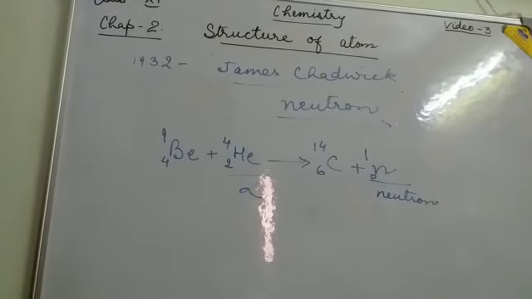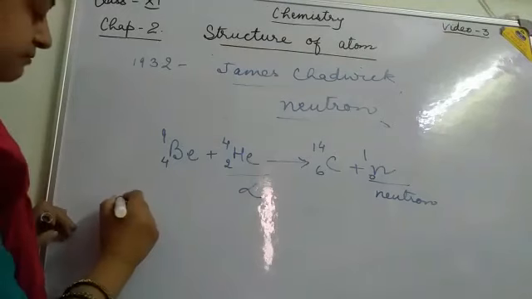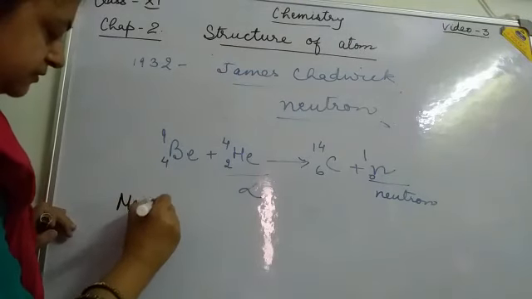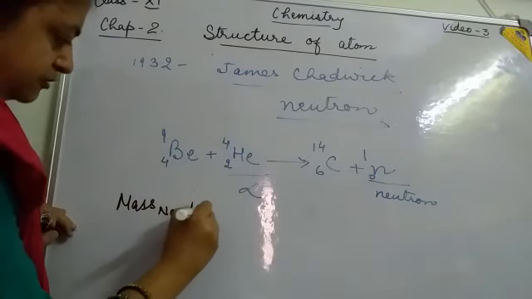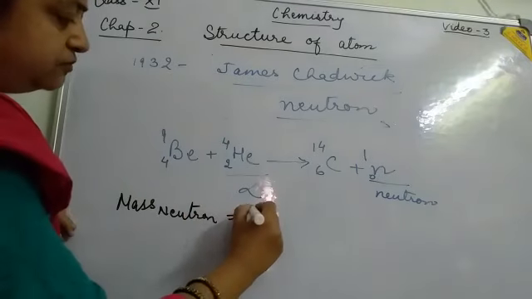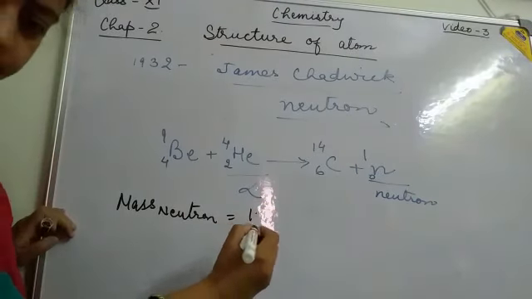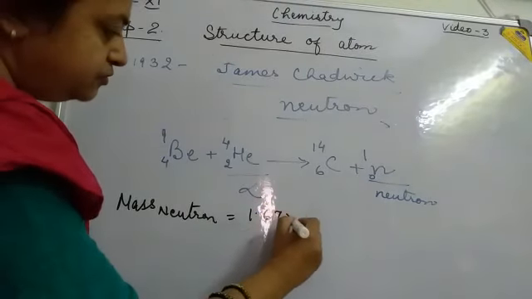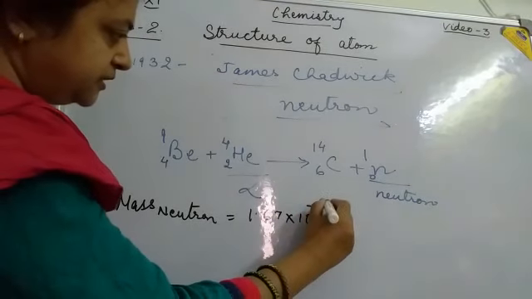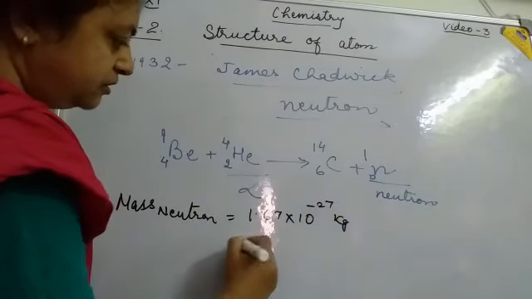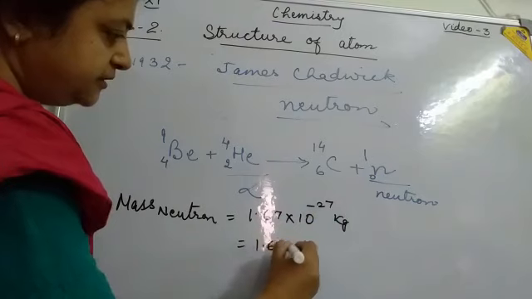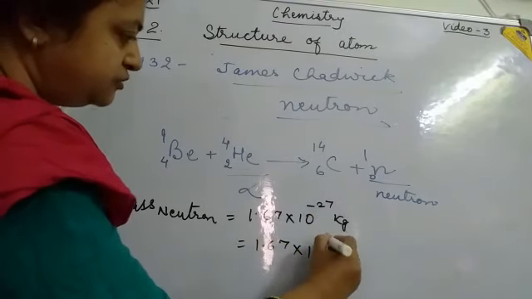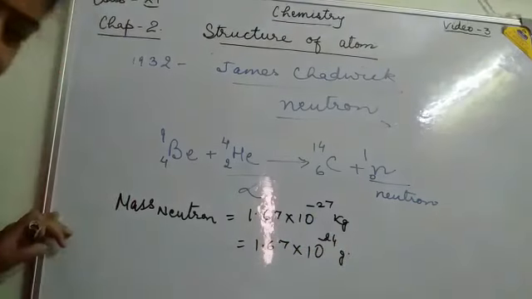The properties of neutron are, as you know, the mass of neutron is equal to 1.67 into 10 to the power of minus 27 kg, or 1.67 into 10 to the power of minus 24 gram.